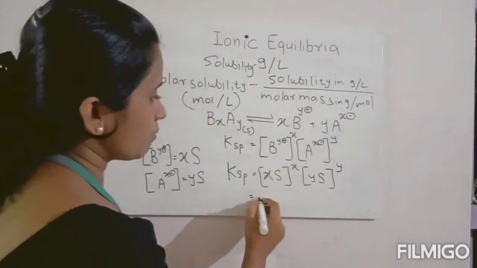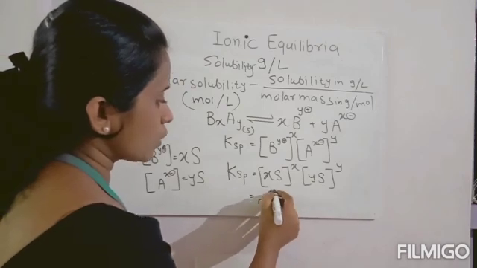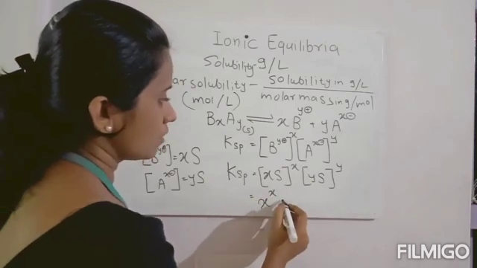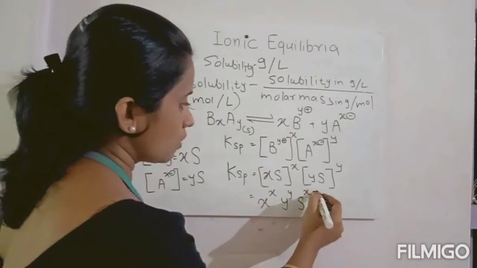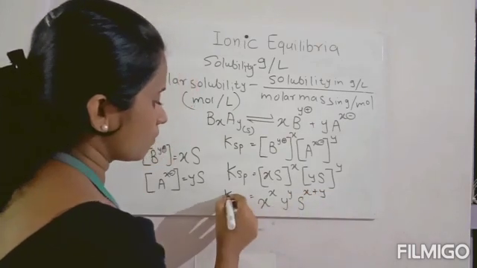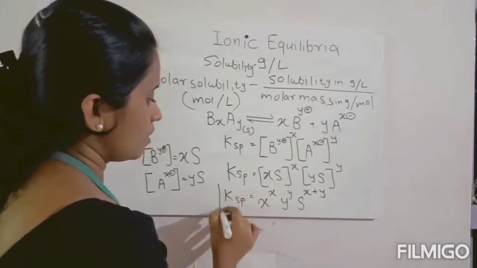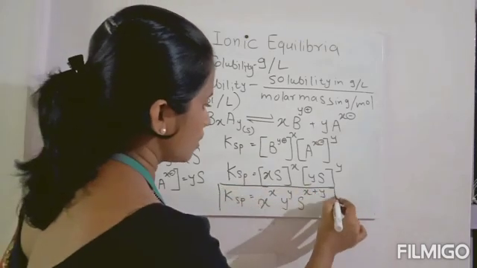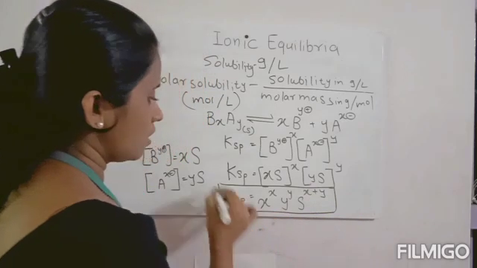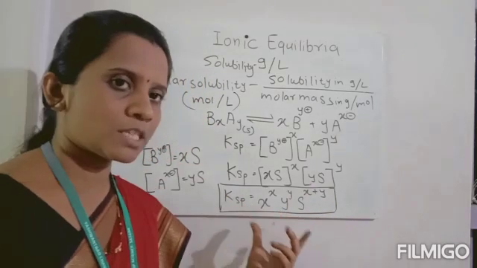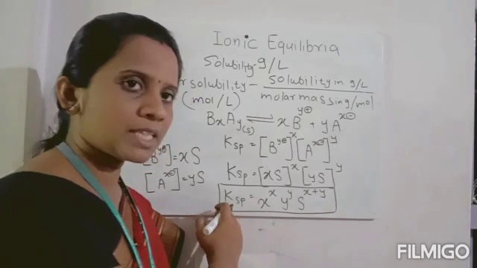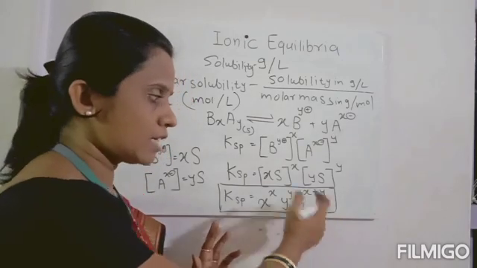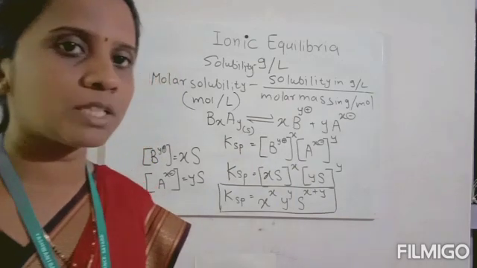So Ksp will be x raised to x, y raised to y, S raised to x plus y. So this is the expression which gives the relationship between Ksp, that is solubility product, and S, that is molar solubility of a given compound.